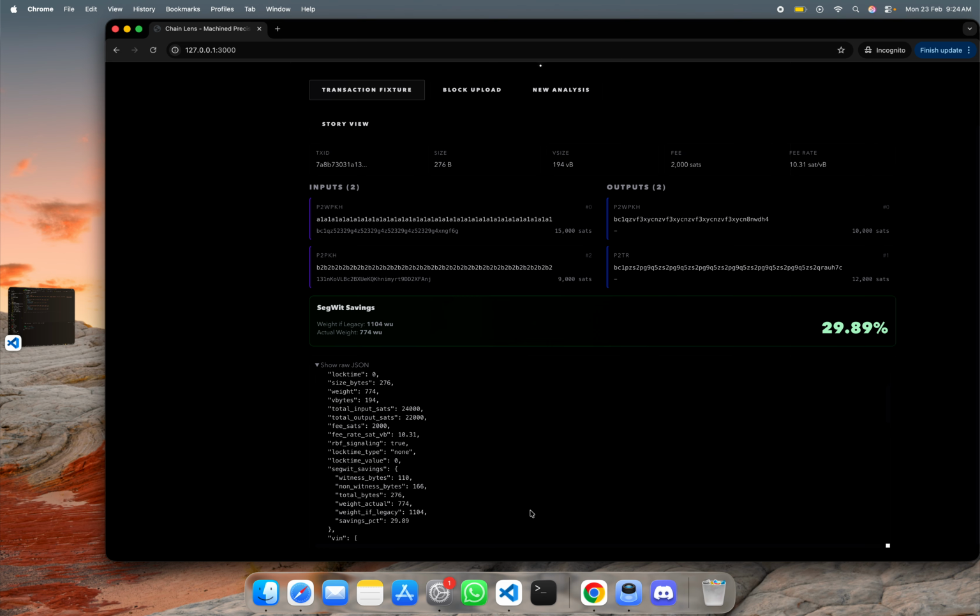true, replace-by-fee signaling, as you can see below. The lock time type and lock time value none slash 0 means the transaction has no absolute time-based lock, so it can be mined immediately. And the RBF signal being true means the transaction author set a sequence number indicating the transaction may be replaced by a different transaction that spends the same input with a higher fee.